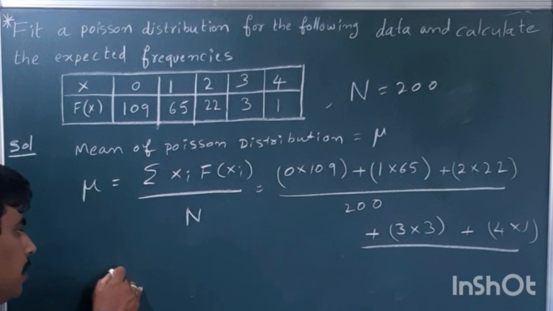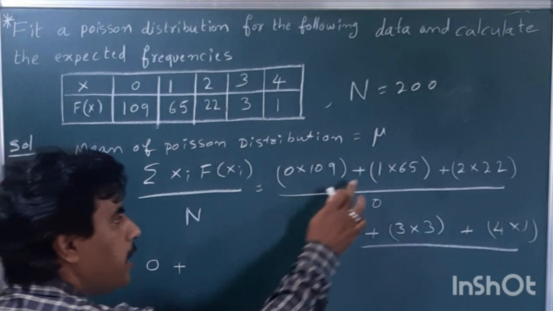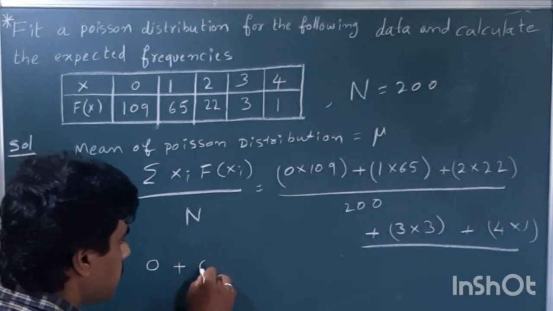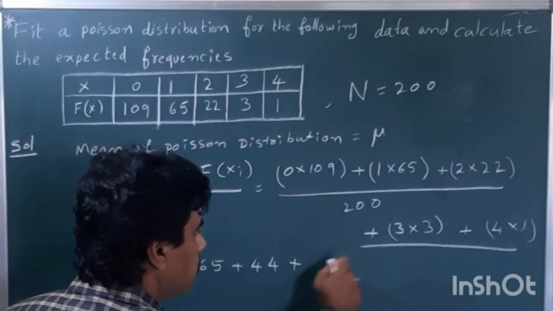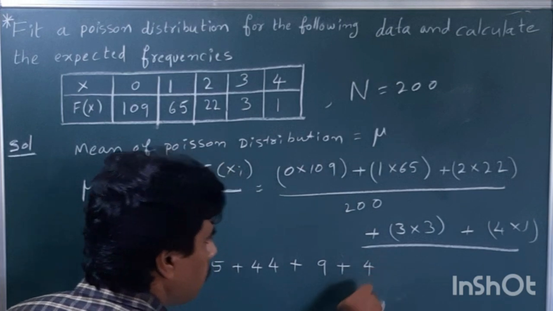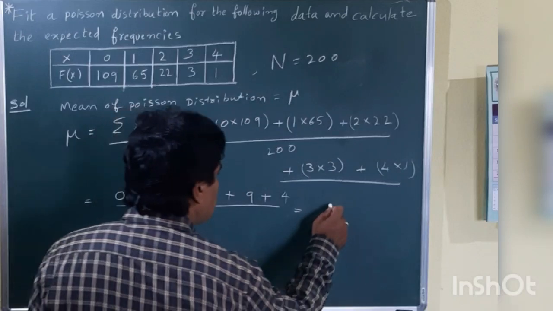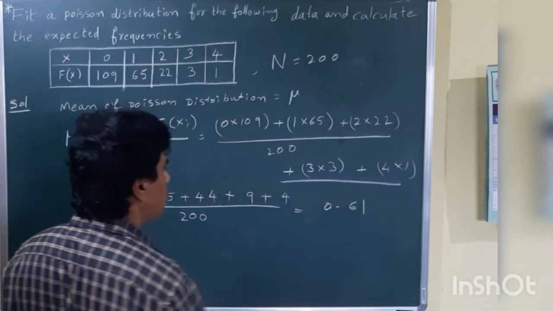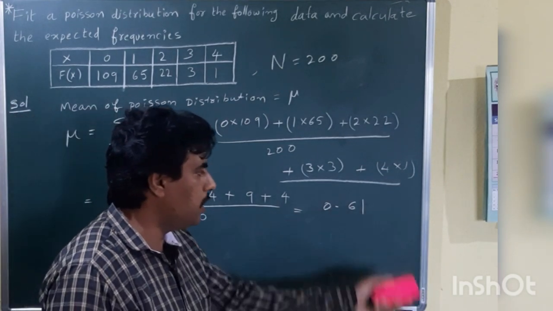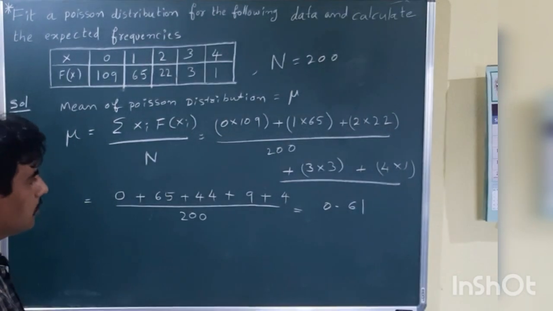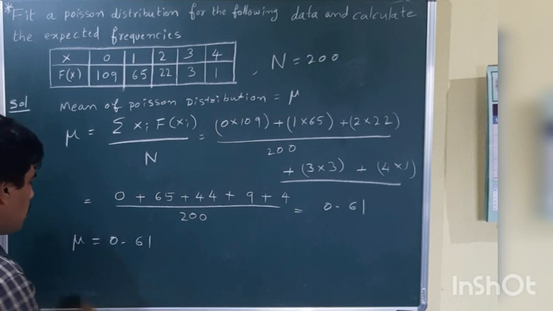Now 0 into 109 is 0, plus 1 into 65 is 65, plus 2 into 22 is 44, plus 3 into 3 is 9, plus 4 into 1 is 4. This value is 0.61. Now this is mu, therefore mu is equal to 0.61.